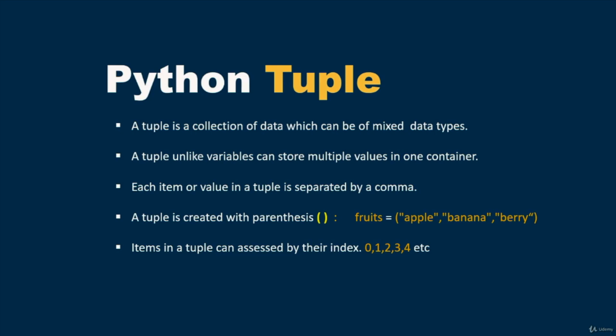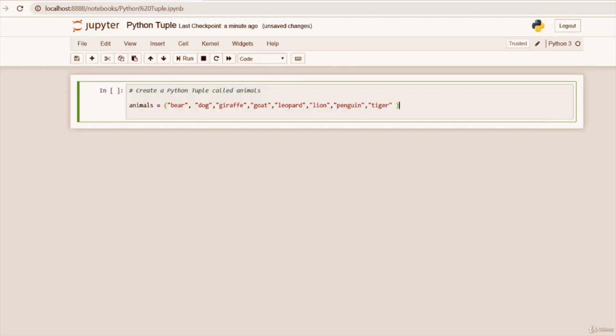Also, one very important distinction between a tuple and a list is that a tuple cannot be changed once you have created it. You can't add items to the tuple and you cannot remove items from the tuple. It is immutable.